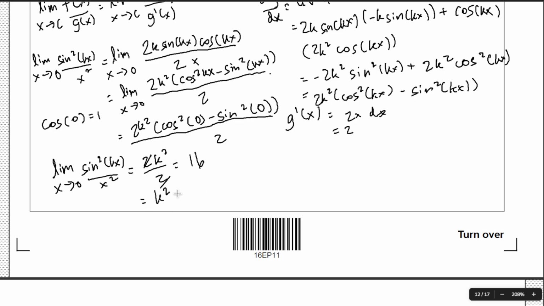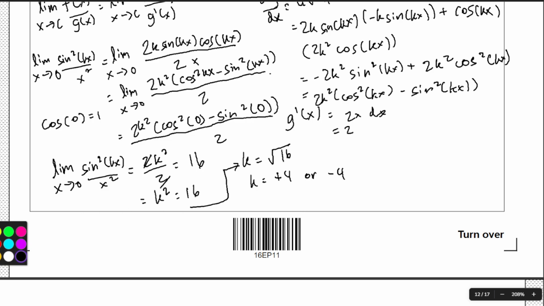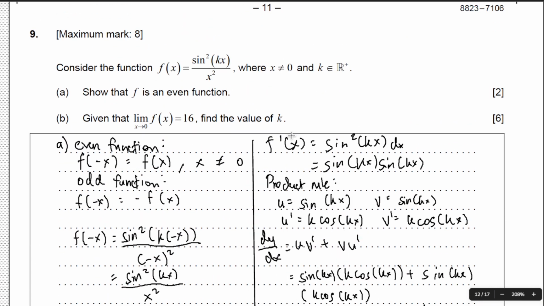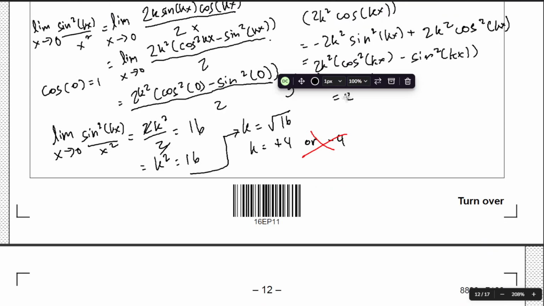So k squared equals 16, where k equals the root of 16, which would mean that k is either plus 4 or minus 4. But the negative part would not be considered because we are only looking at the k values that are in the positive integer subset. So that's why we just have k equals positive 4 right here.